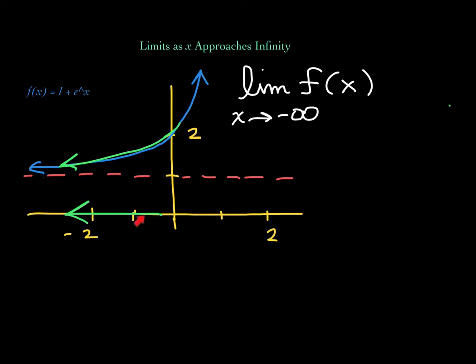So as x values approach negative infinity, your function values are getting infinitely close to y equal to 1. So I'm going to say that this limit as x approaches negative infinity is equal to 1.